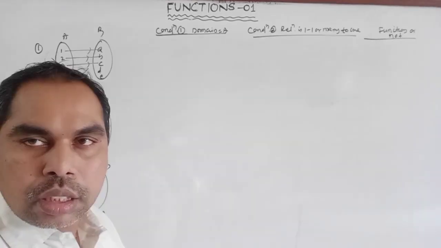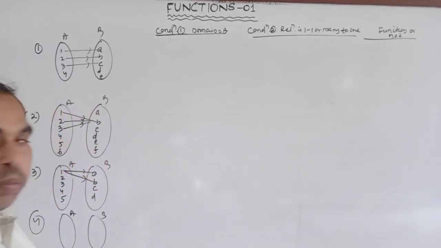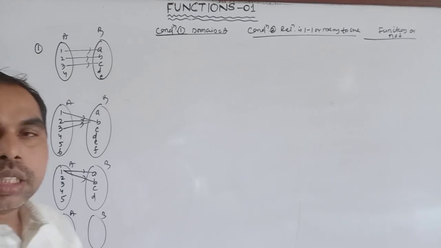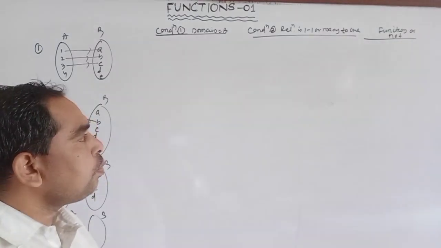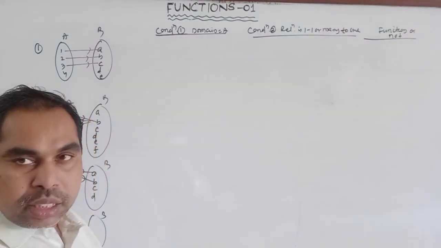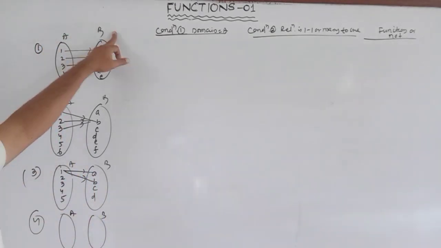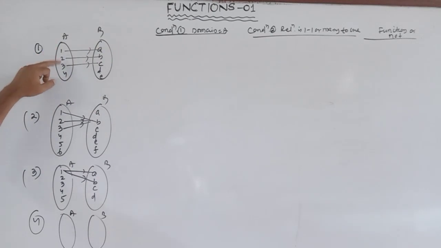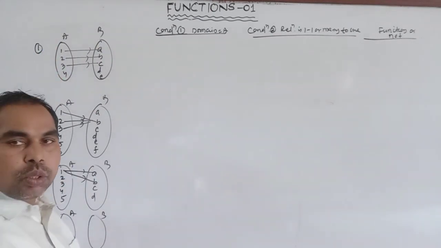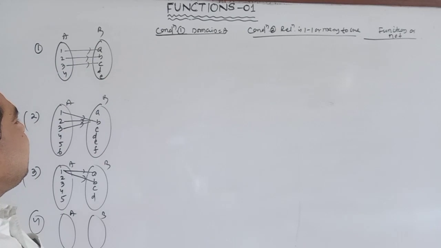Some figures are given. Which of the following is a function? If not, why is it not a function, with clarification. Here set A contains 1, 2, 3, 4 and B contains a, b, c, d.